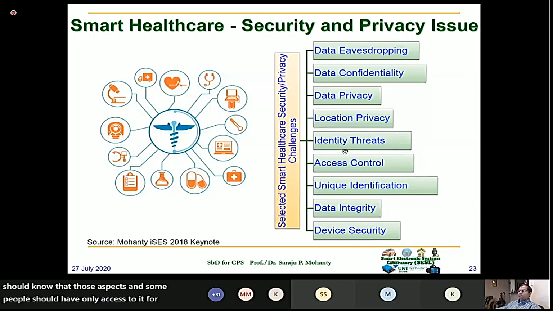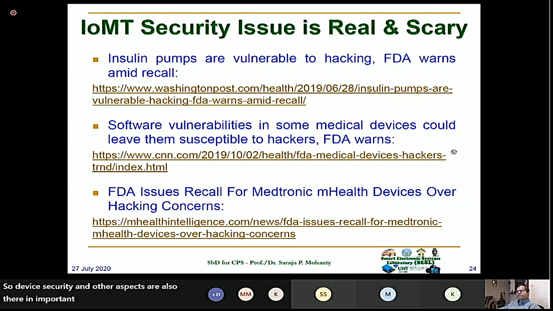For example, your primary care practitioner or a technician who is doing X-ray, those kinds of healthcare technicians. And then device security, for example, you have a pacemaker, only a doctor, whenever the doctor wants to configure it, can have access, not others. So device security and other aspects are also important in the HCPS.